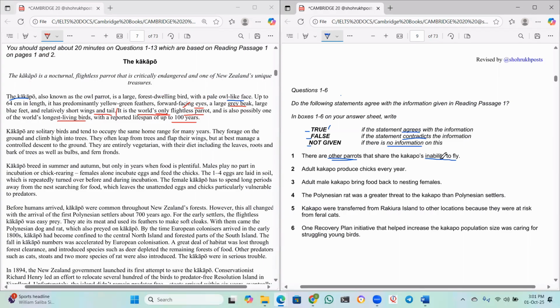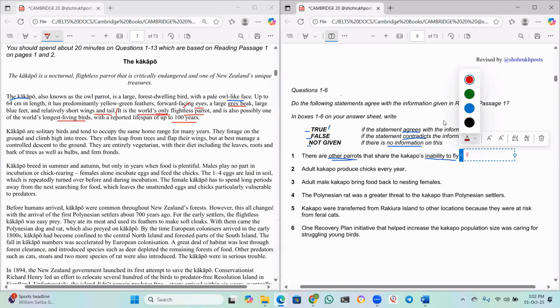So what is the answer? In the passage it says this is the only parrot, but in the question it says there are some other parrots which cannot fly. No, sir. This is the world's only flightless parrot. So the first one should clearly be false, right?